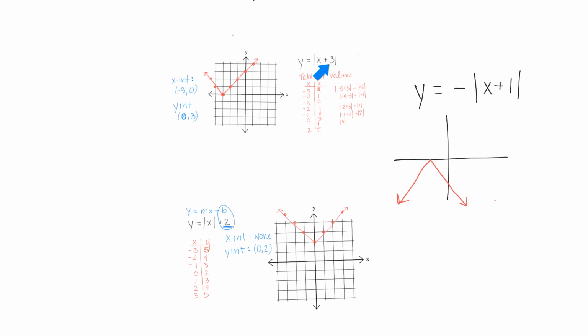Here we had a positive 3, and it moved our graph 3 to the left. This positive 1 is going to move our graph 1 to the left. Here we had a positive 2, and it moved our graph up 2. So this is kind of a shortcut.